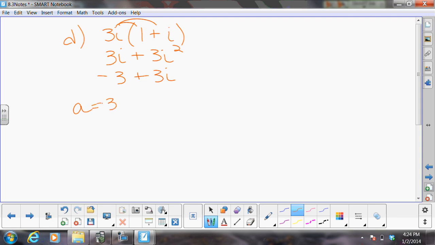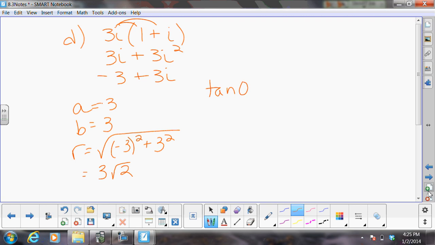So a is negative 3. b is 3. So your r is equal to the square root of negative 3 squared plus 3 squared. That comes out to be 3 radical 2. Tan theta is equal to 3 over negative 3.